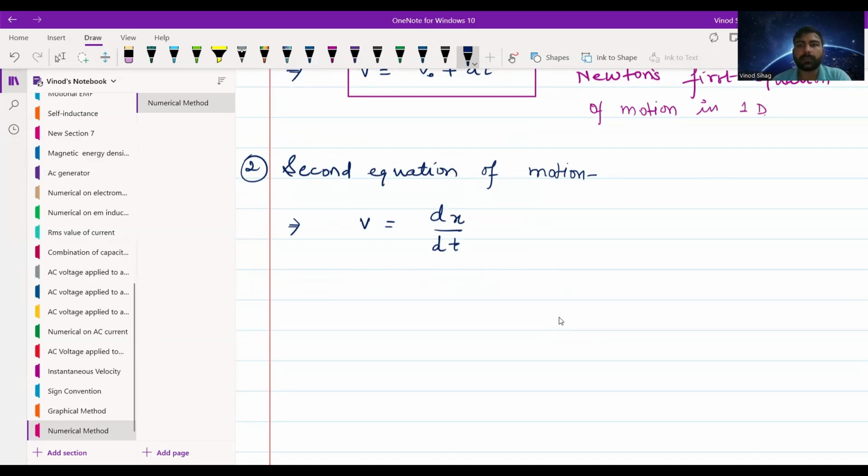So velocity is nothing but the time derivative of displacement.